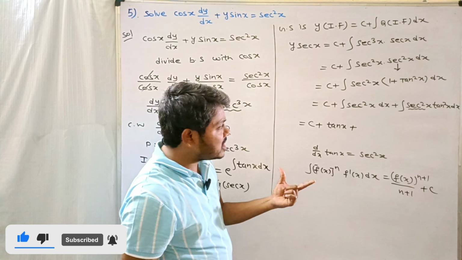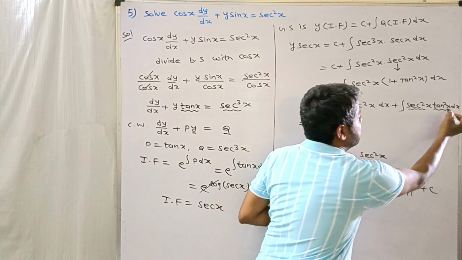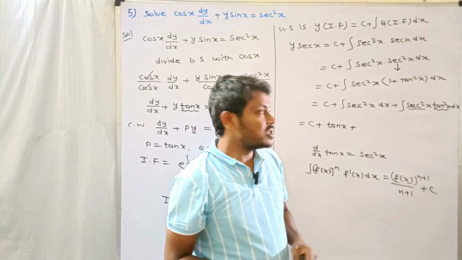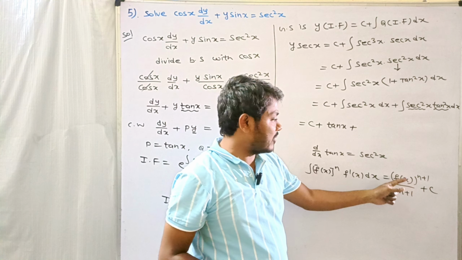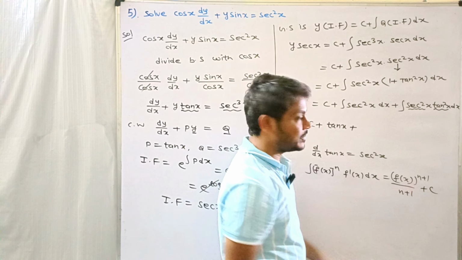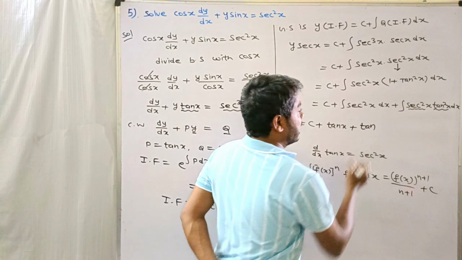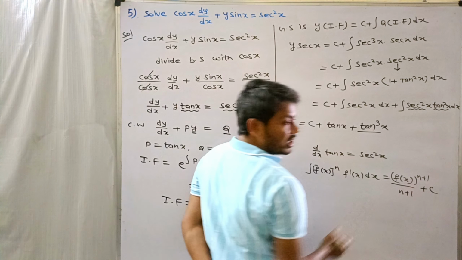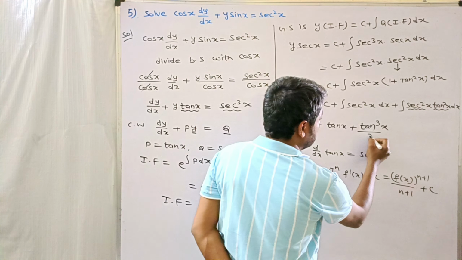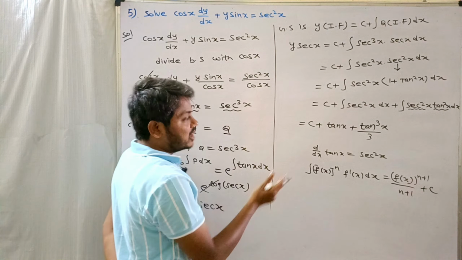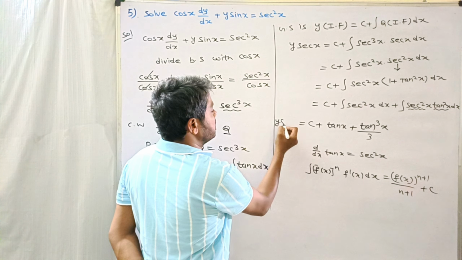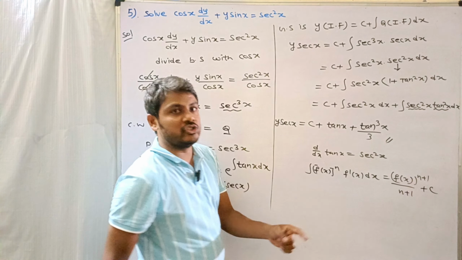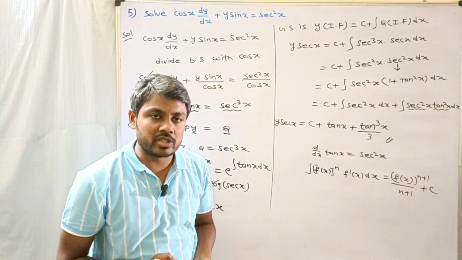But what is f of x here? Tan x is f of x. What is f dash x? Secant square x. So we can apply this formula here: f of x whole power n plus 1, that is tan power 2 plus 1, that is tan cube x, divided by n plus 1, that is 2 plus 1, 3. What is the left hand side value? Y secant x. So this is the general solution for the given differential equation.